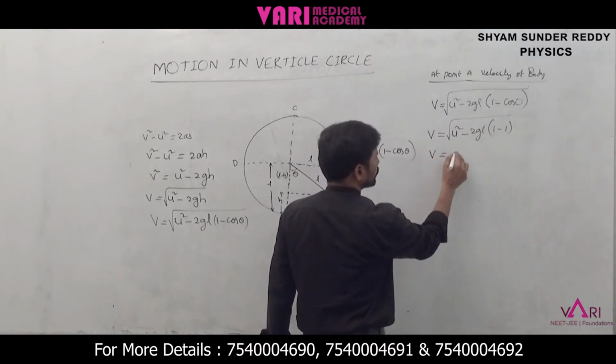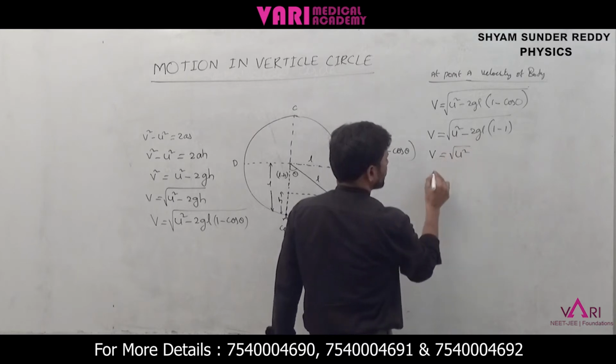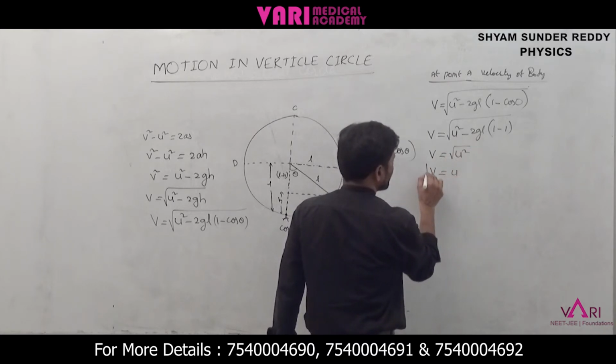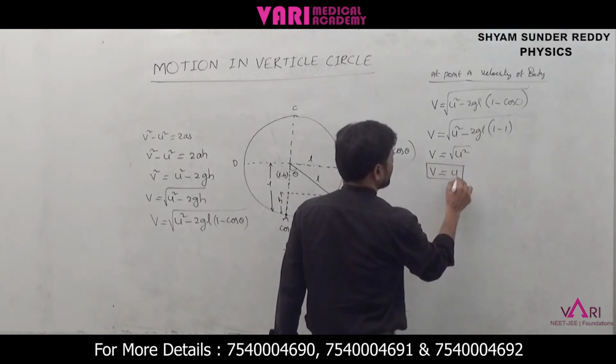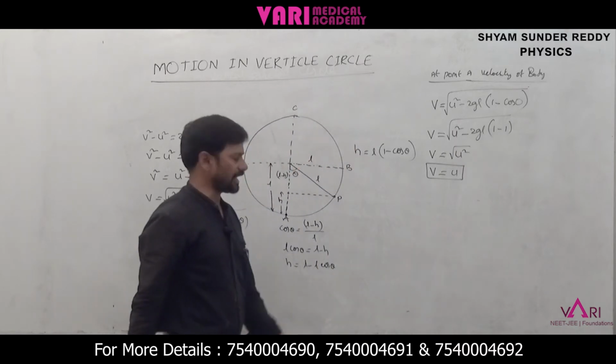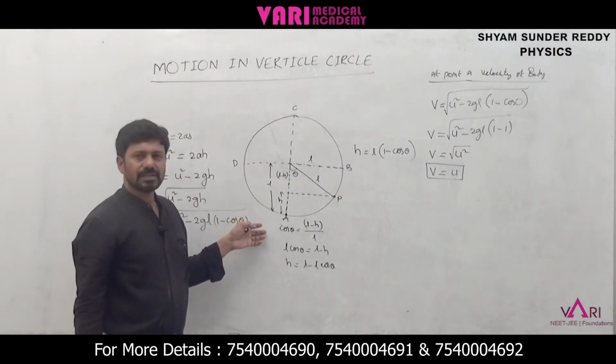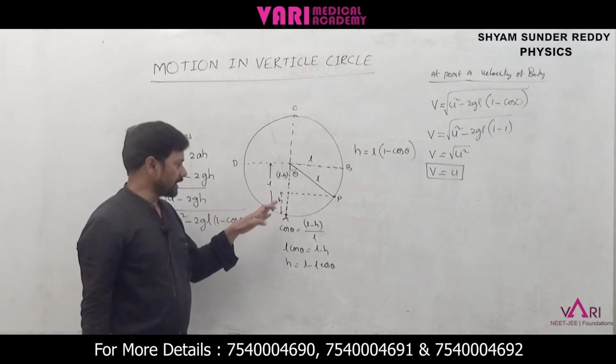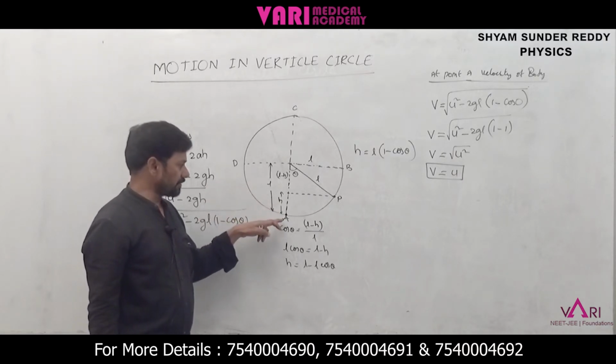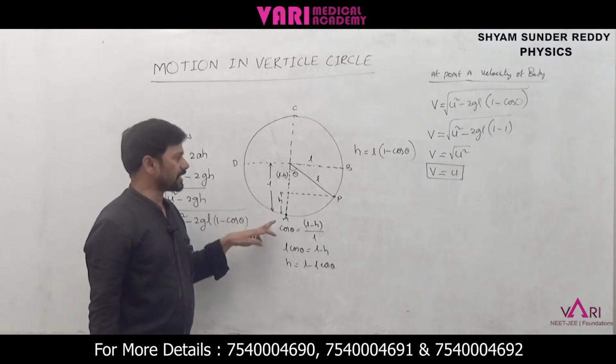So v is equal to the square root of u square, v is equal to u. The initial velocity and the final velocity of the body at point A are the same. Whatever velocity it started with, the initial velocity and the final velocity are the same at point A.